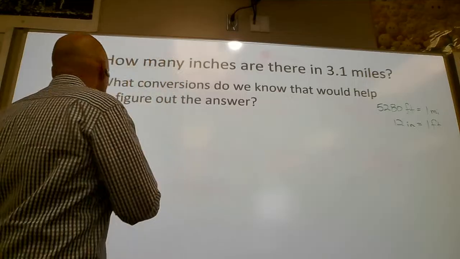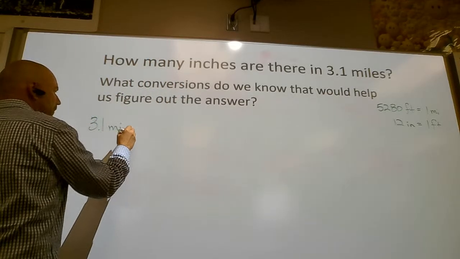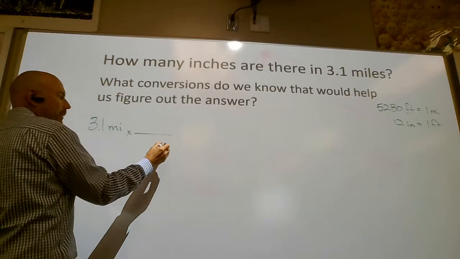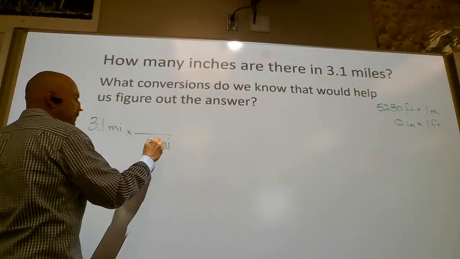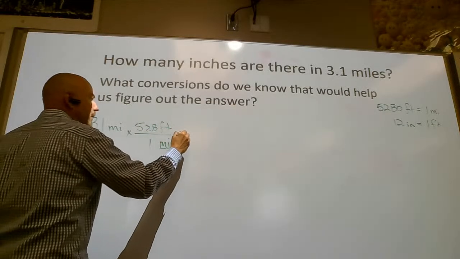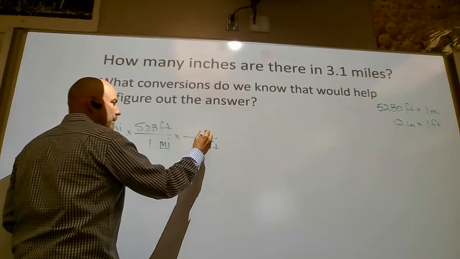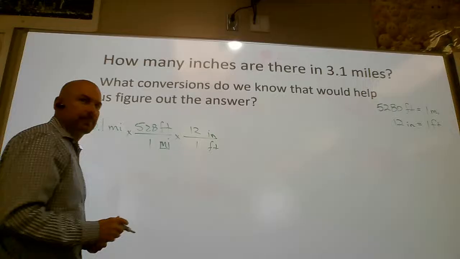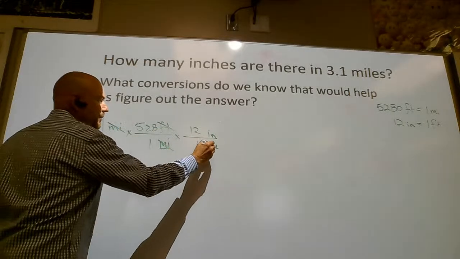Okay, so what we can do, 3.1 miles. So what am I going to stick down here? 1 mile, 5,280 feet. And then go from feet to inches, 1 foot, 12 inches. The miles cancel out, feet cancels out.